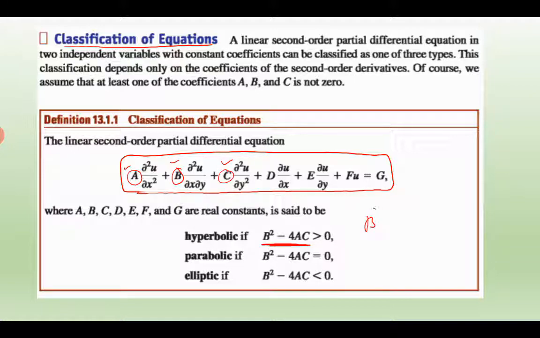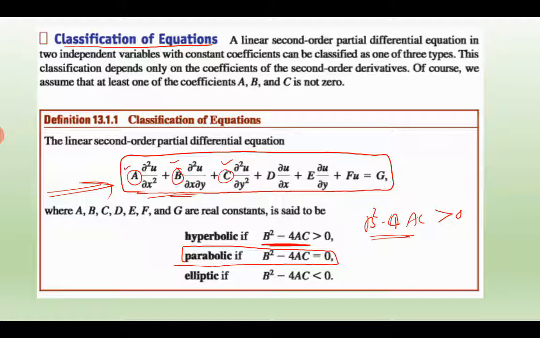So if b squared minus 4ac is positive, then we call this differential equation hyperbolic. If this discriminant is equal to 0, we call the differential equation parabolic.